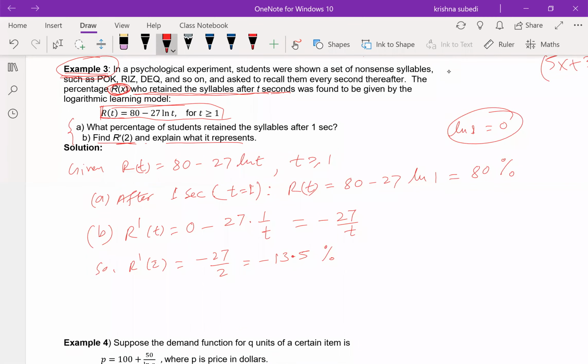Okay, Q, excellent. So after 2 seconds, the percentage decreases by 13.5. Yes, that's what it is.